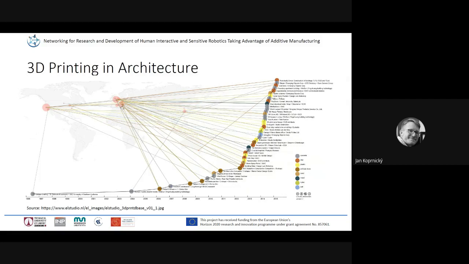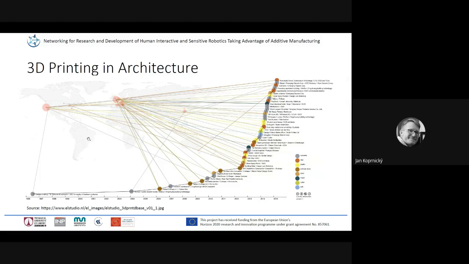So there are no special regions interested in 3D printing technology, but it is almost everywhere. What is missing here?